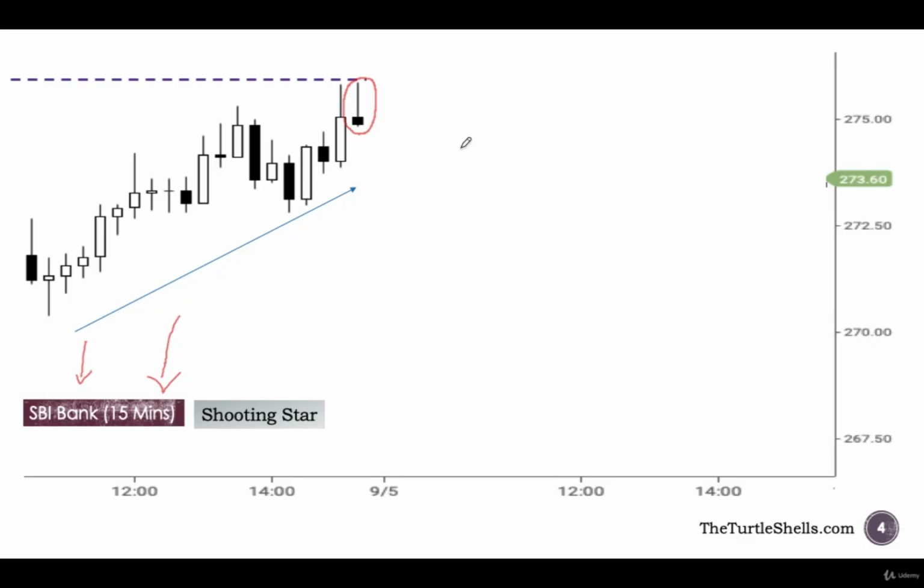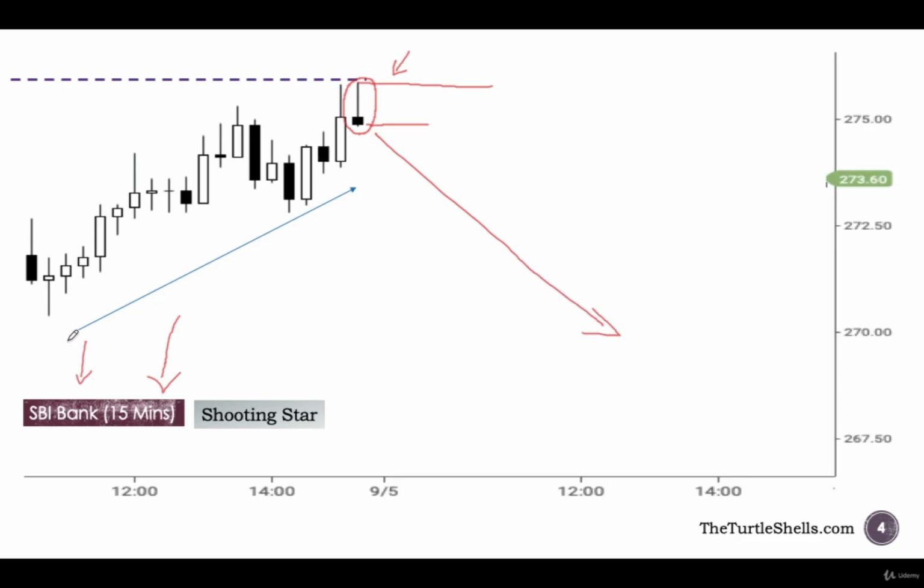So if I were to take a short position here, I would take the short position at the closing. Then above this, I will keep the stop loss, because this is where the bears came into the market. So the high of the shooting star becomes resistance. This is where the bears are sitting. And then I would expect the price to go down.